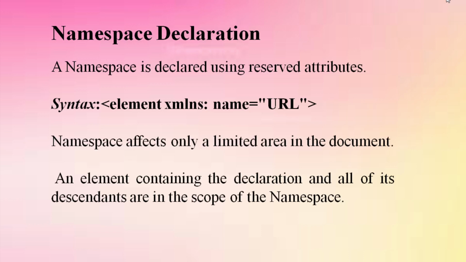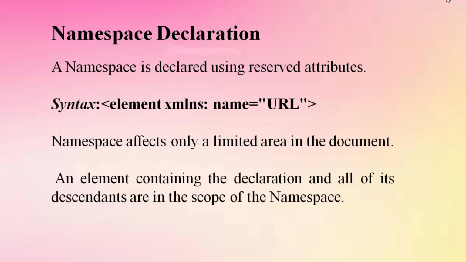This attribute name must start with xmlns. Let's see the XML namespace syntax. Element xmlns:name equals URL.